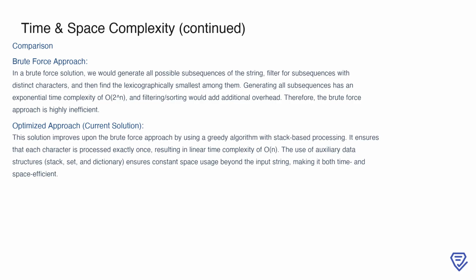In contrast, the current solution uses a greedy algorithm combined with stack-based processing, ensuring each character is handled exactly once. This brings the time complexity down to n. The auxiliary data structures, which are bounded by the size of the alphabet, ensure that space usage beyond the input string remains constant. This makes the solution both time efficient and space efficient.